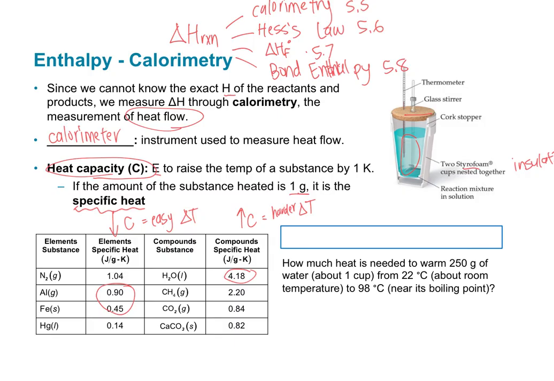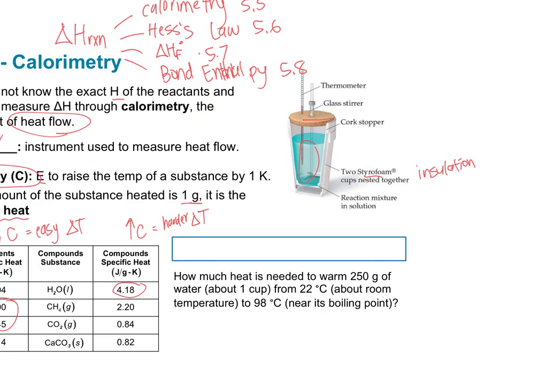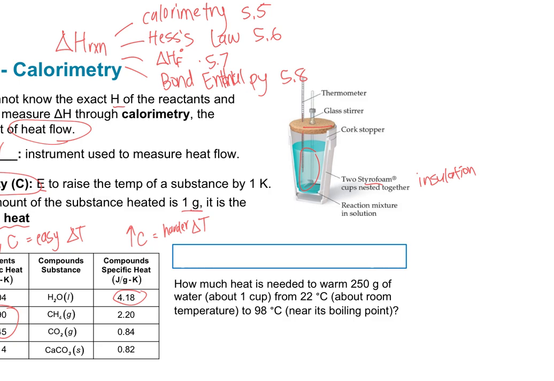So we also want to keep in mind the surroundings versus the system here. So when we have our calorimeter set up, our thermometer is measuring the temperature of the solution. So we know if I had an exothermic reaction, then my reaction, or my system, released energy.